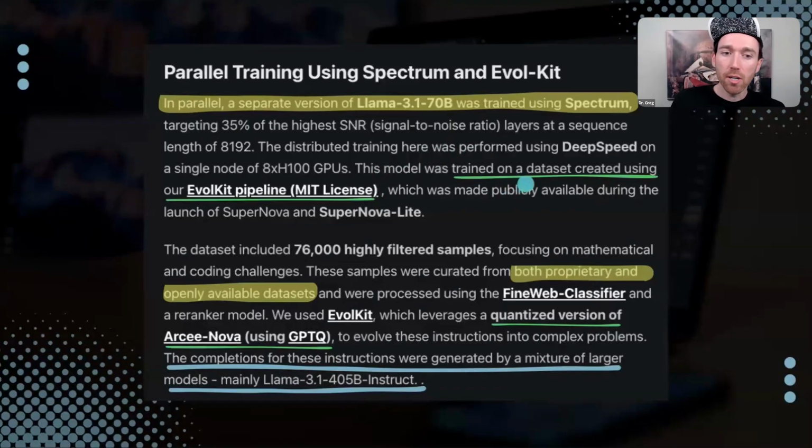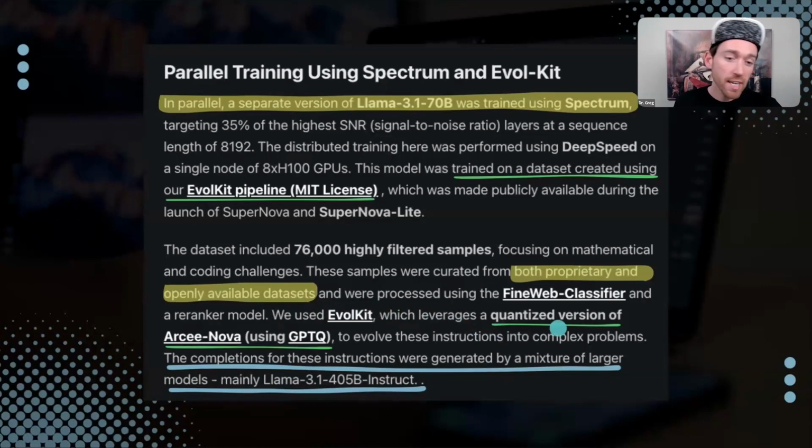This model was trained on a data set that they created using their synthetic data generation evolution pipeline, 76,000 samples, where both proprietary and openly available data was used to start this thing.